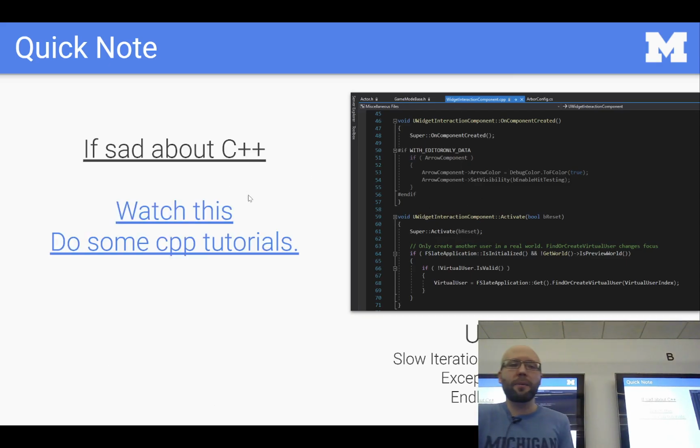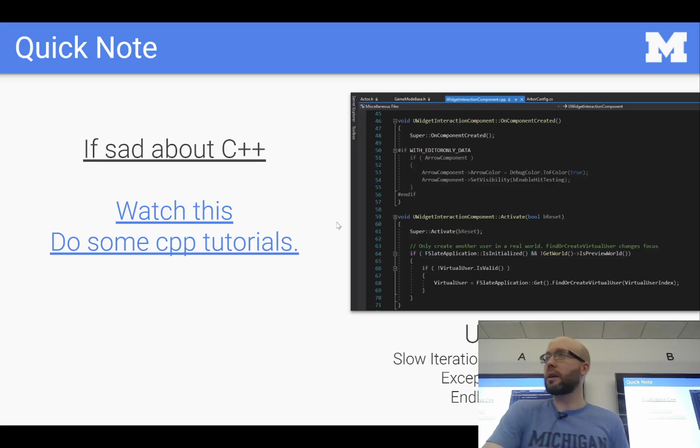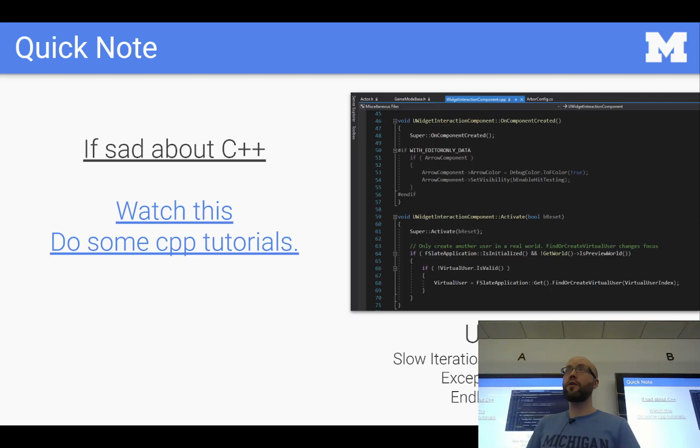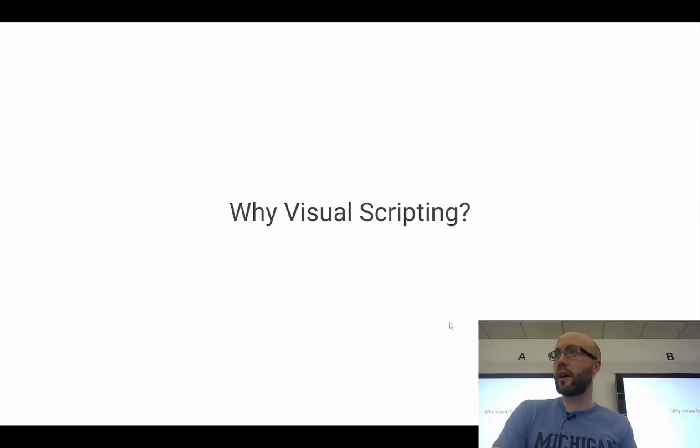If you're sad about C++, there are some great videos and tutorials on Unreal C++ that can get you rolling, okay? You can watch that on your own later if you want to. If you are making a final project using Unreal, a VR project, then you might need to use Unreal C++ if you want to integrate with a third-party library, okay? So you might want to come back here if that's needed.